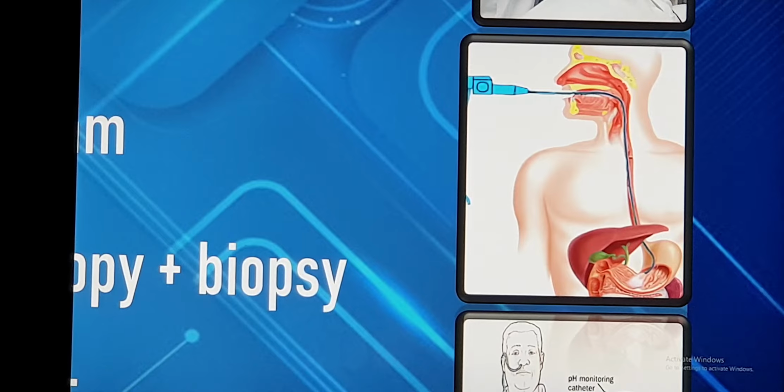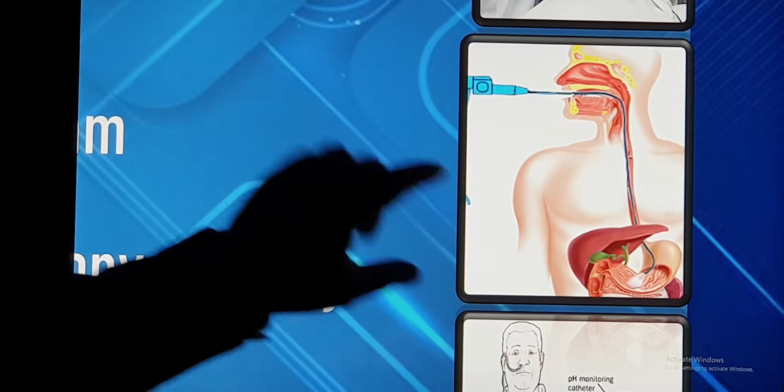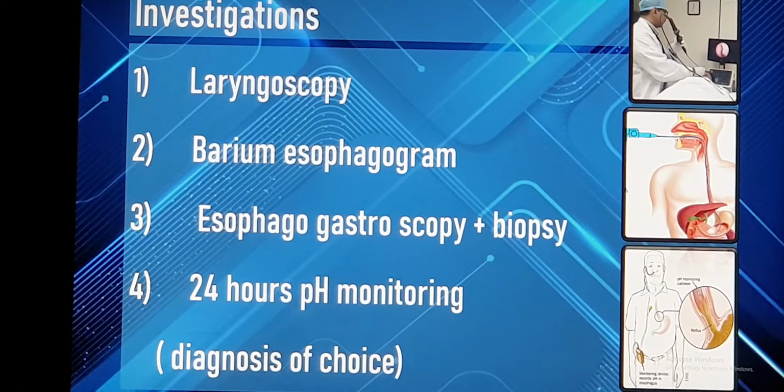In case we find any ulcer or any growth, we will take a biopsy, and in addition we will like to do a CLO test. Both of these will be done with the help of gastroscopy. The CLO test will pick up whether the patient has H. pylori or not. Why do you want to see that?